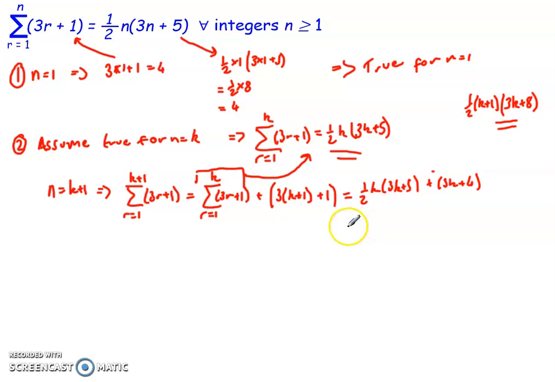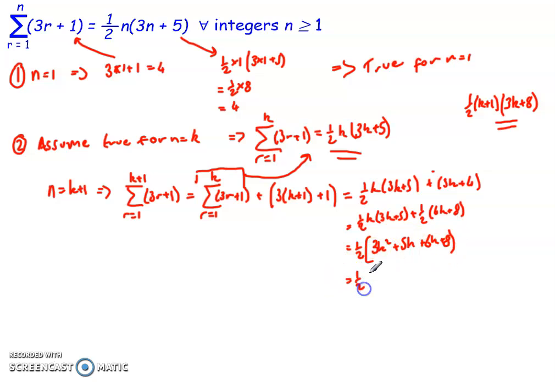Well, to start with, I want to take a common factor of a half. So to do that, I'm going to have a half k bracket 3k plus 5. I'm going to write this second bracket as plus a half bracket 6k plus 8. Take out a half as a common factor, and what I'm then going to do as well is multiply this first bracket out, and I'll get 3k squared plus 5k plus 6k plus 8.